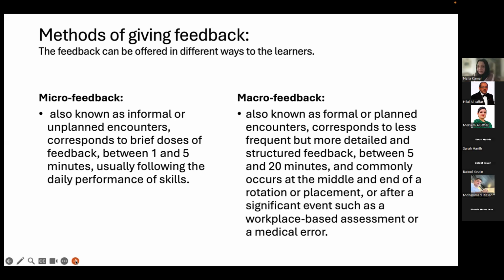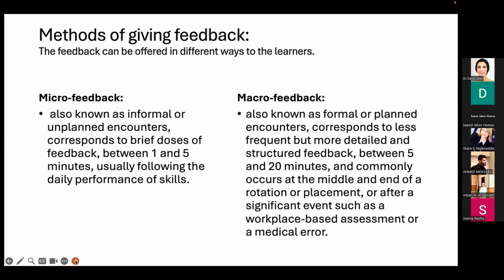Macro feedback has to be planned, and these are planned encounters, and they are less frequent, because if you have a big educational system, you may have certain milestones and timelines. For example, an appraisal review, or a case-based discussion that the trainee wants to put in their portfolio.